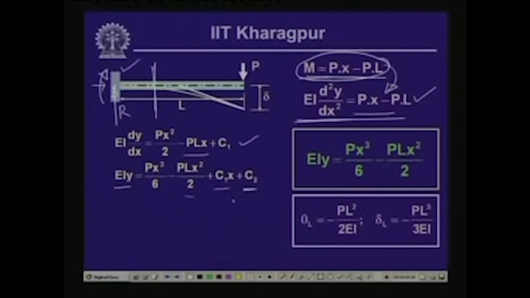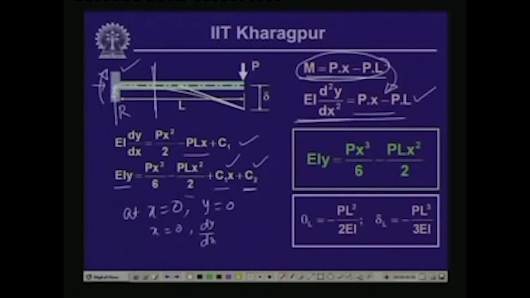For evaluating these two constants C1 and C2, we need to employ the boundary conditions. As you know, at the fixed end, both the slope and the deflection are 0. The fixed end being at x equals 0, at x equals 0, y equals 0, and at x equals 0, dy/dx also equals 0.